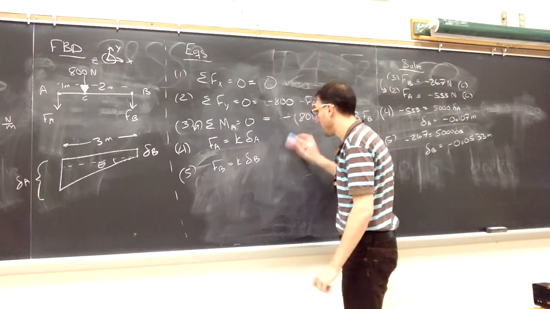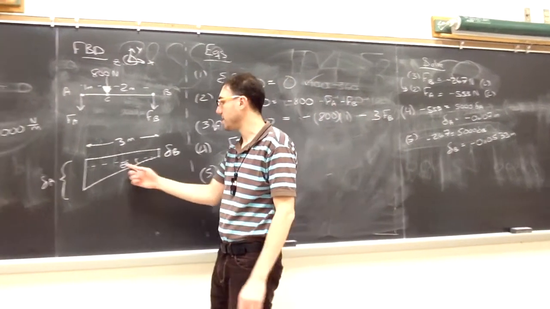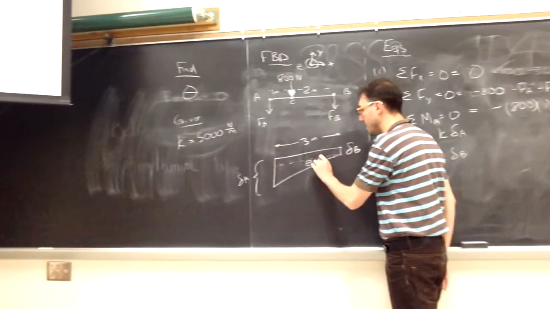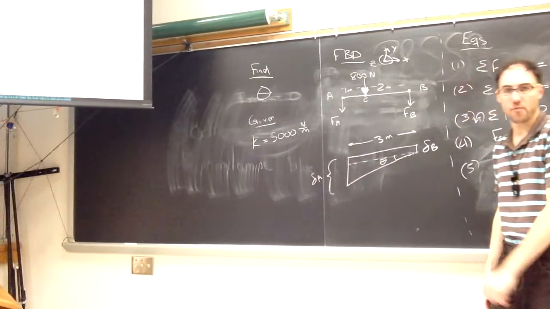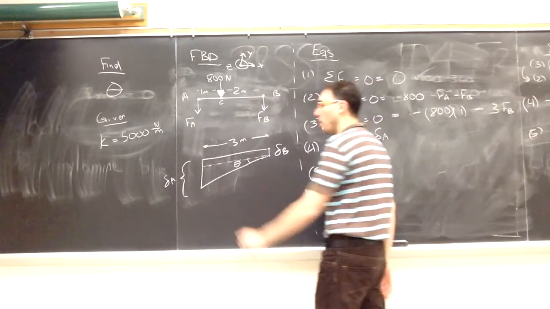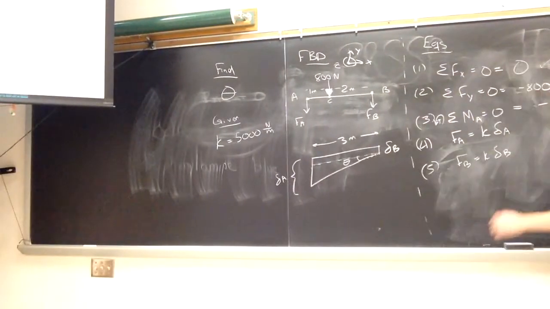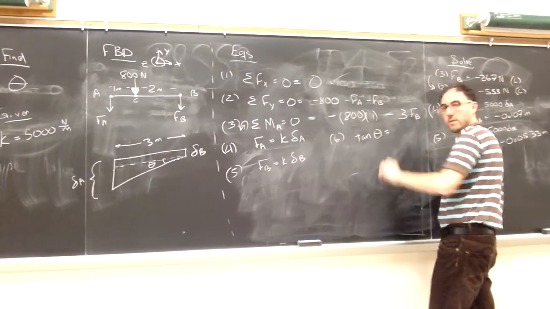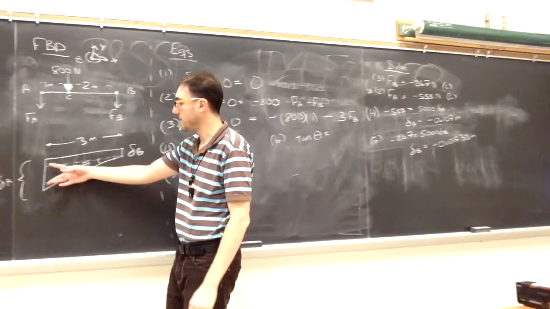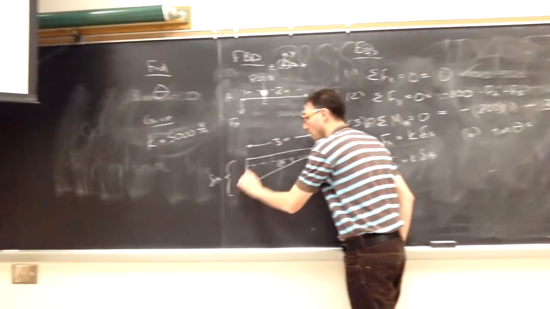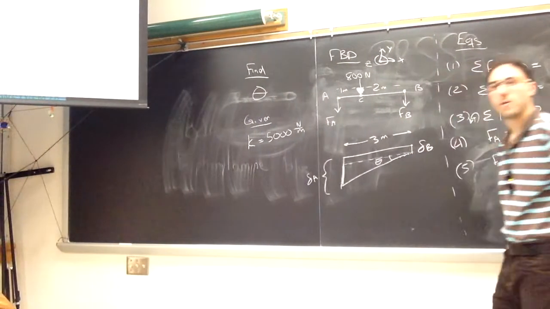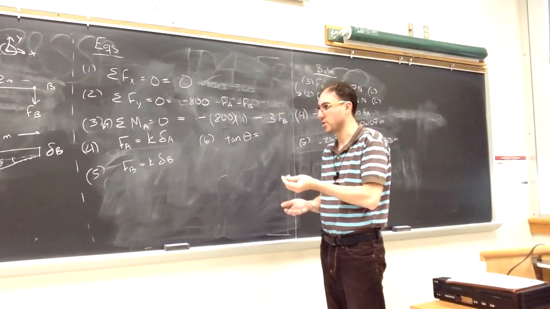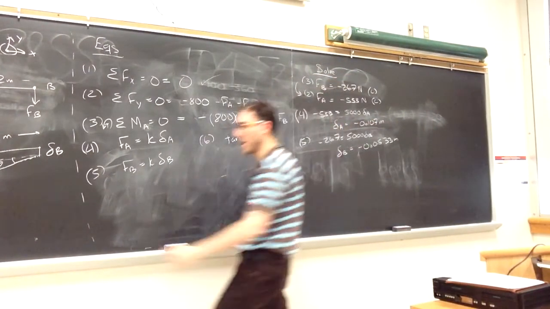Right, so here, if ultimately I need to find this theta, tangent I can use here. I know the adjacent to this angle is 3 meters. But what is the opposite to this angle? The opposite is not delta A, it's the difference. It's only this distance here, which is the difference between how much delta A contracted and how much delta B contracted.